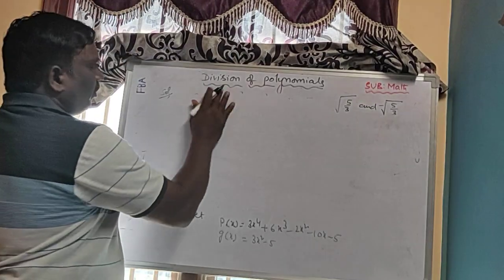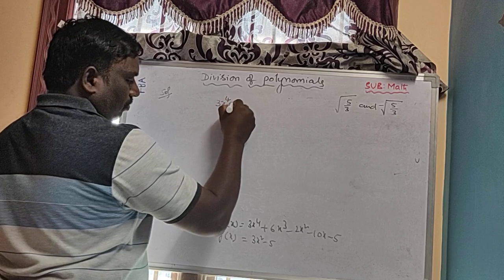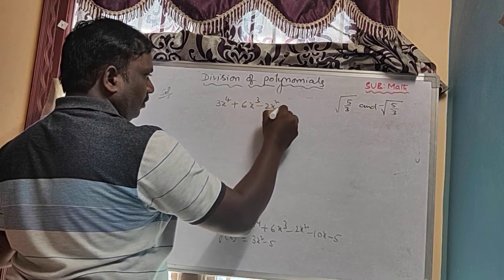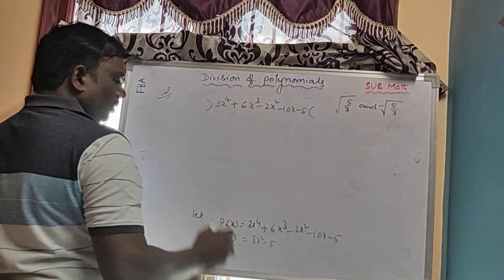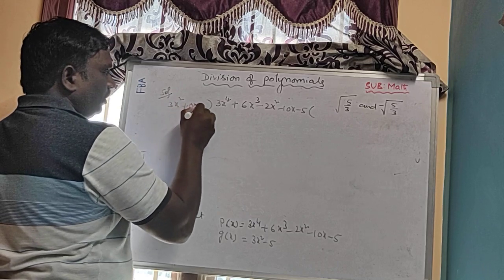So 3x power 4 plus 6x cube minus 2x square minus 10x minus 5, divided by 3x square plus 0x minus 5.